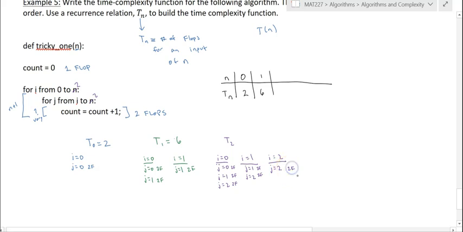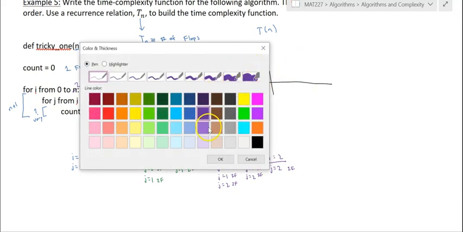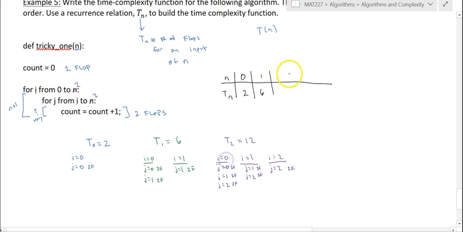It'll carry out 2 flops and then comes back up to i, but i is now maxed out, and therefore the loop terminates. So how many flops did we go through here? We went 2, 4, 6, 8, 10, 12. All right, so that means that T(2) is equal to 12.